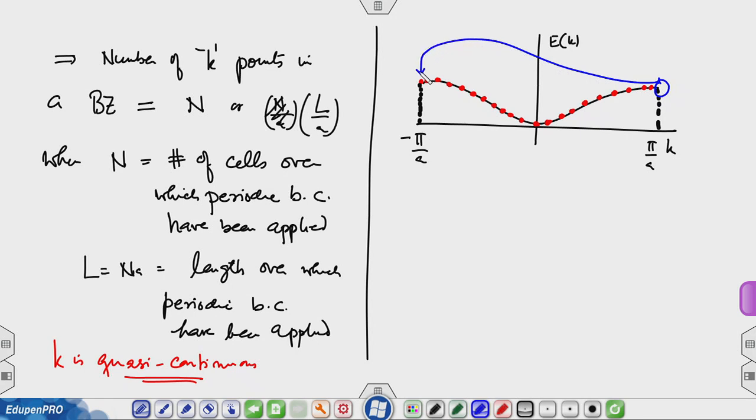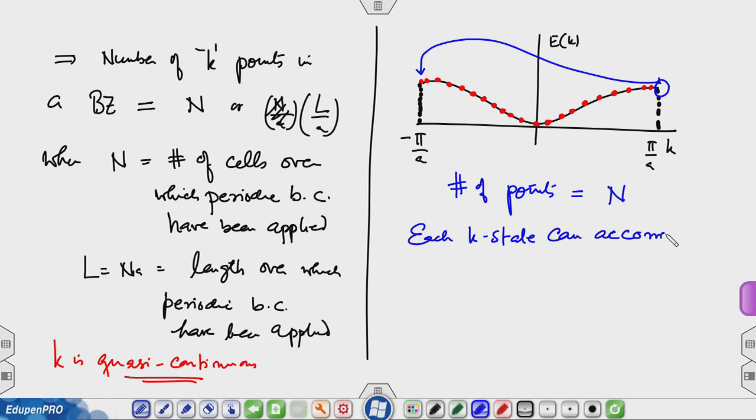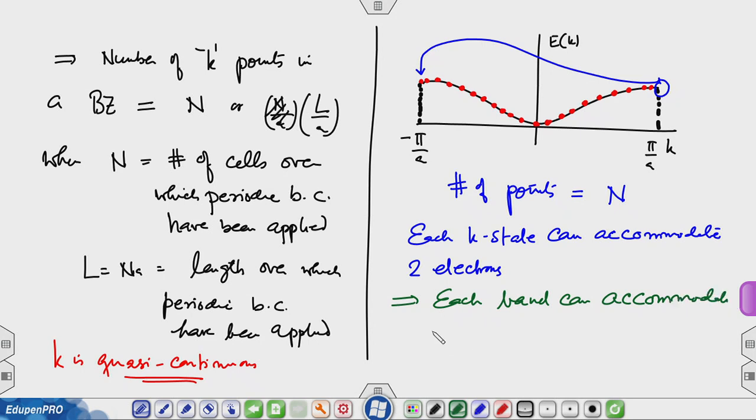So, either I count that last point or the last point here, and the number of points is exactly equal to N. And each k state can accommodate 2 electrons, and this implies that each band can accommodate 2N electrons.